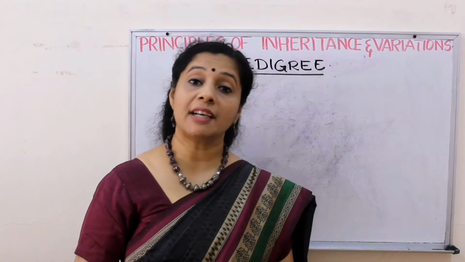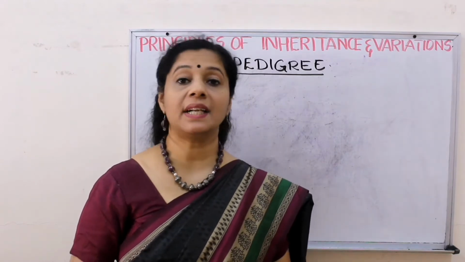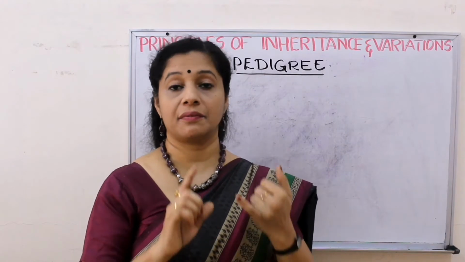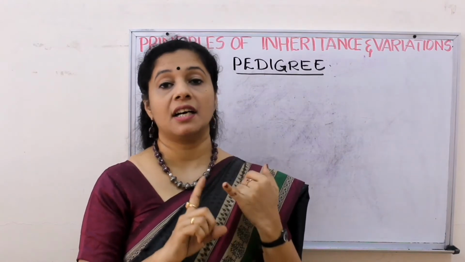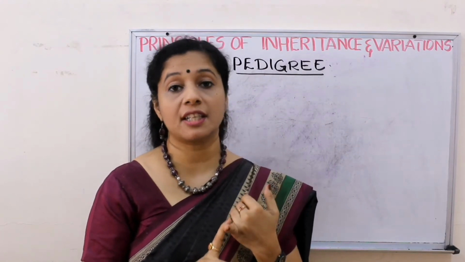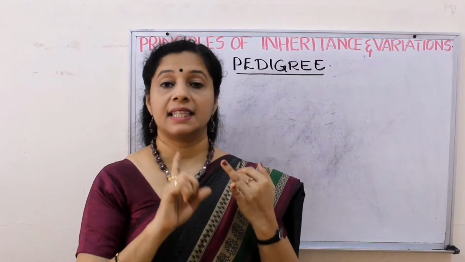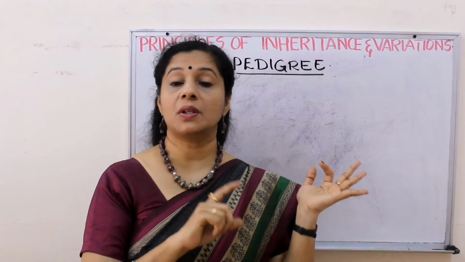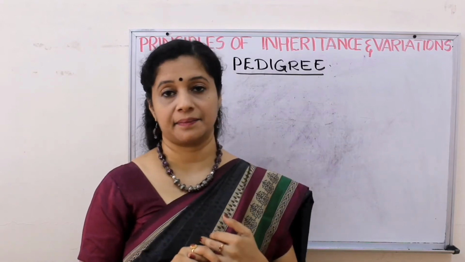So usually what type of questions you can get? You will get questions to find out, looking at the pedigree, to first identify whether it is a dominant trait or a recessive trait. The second pattern of question, whether it is autosomal or sex-linked.